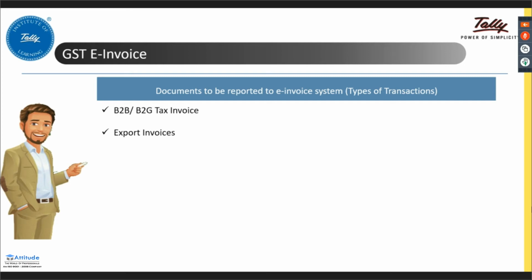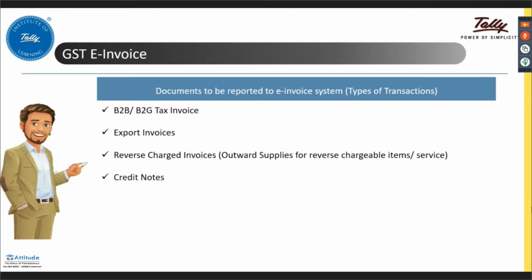And any export invoices, in case we are exporting goods, in such cases also we must issue the e-invoice. And in case of reverse charge supplies, the outward supplies for reverse chargeable items or services, we must generate an e-invoice.